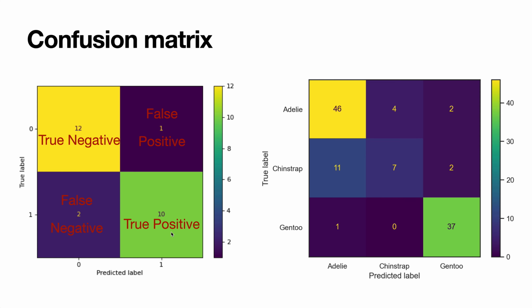Right? Here, the true positive rate is 10 divided by 15. So 10 over 25.